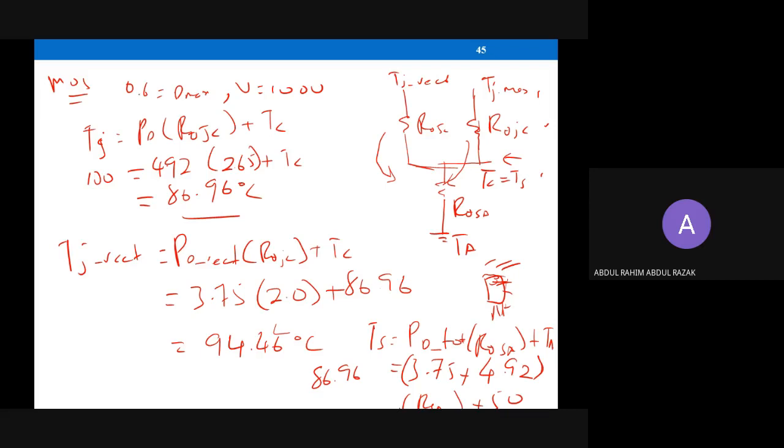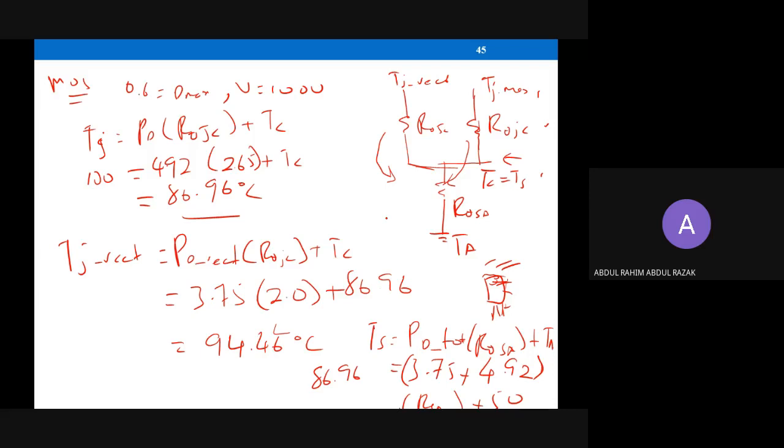So the scenario just now shows that your thermal heat sink value is provided with a 3 degrees C per watt spec.